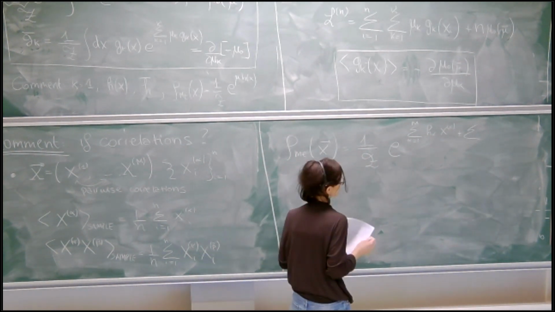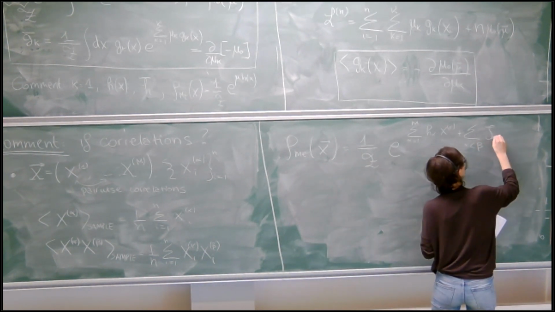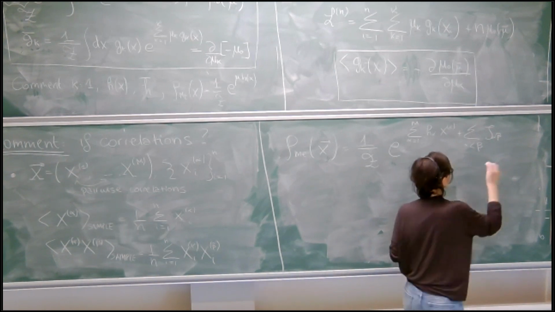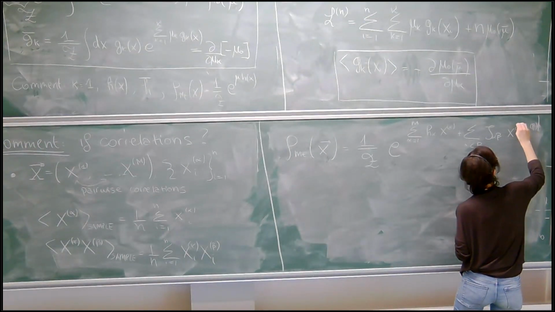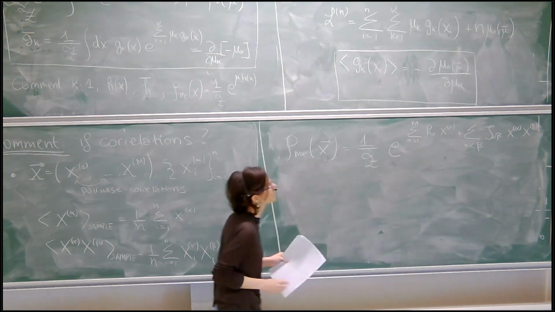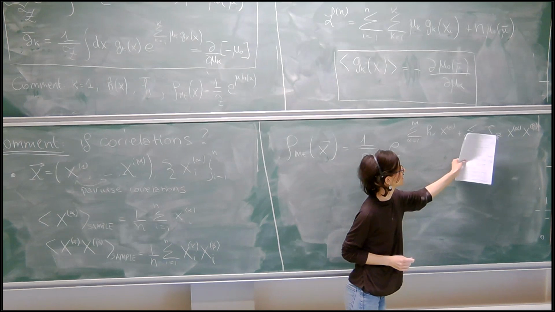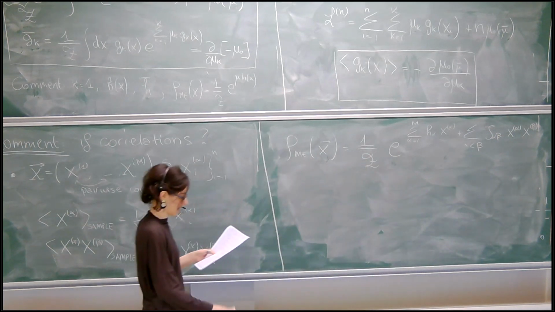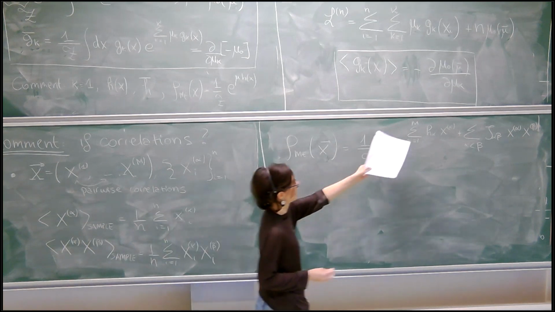But here, since we also have correlations, we have a second term, which is the sum over all pairs x^a, x^b with some other Lagrange multipliers, which depend on both indices, and which I denote as J_ab. And how do we fix h and J?